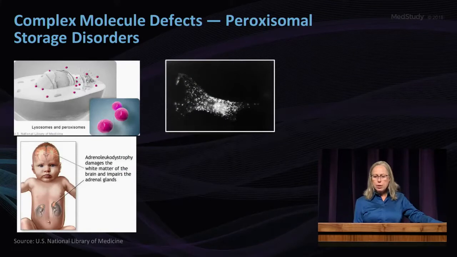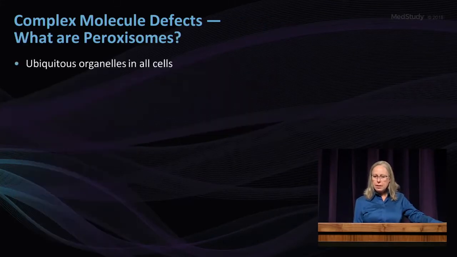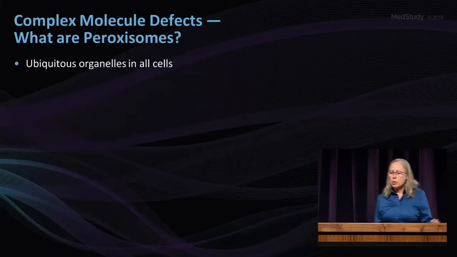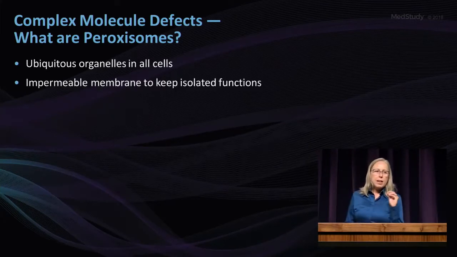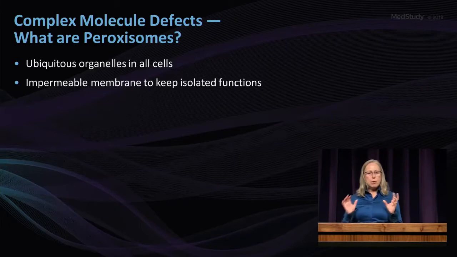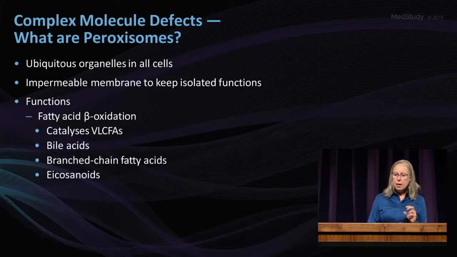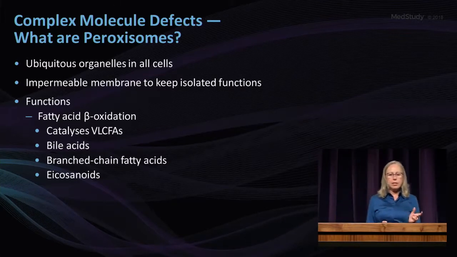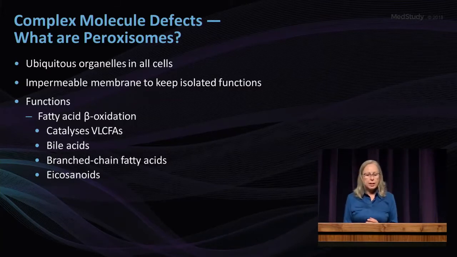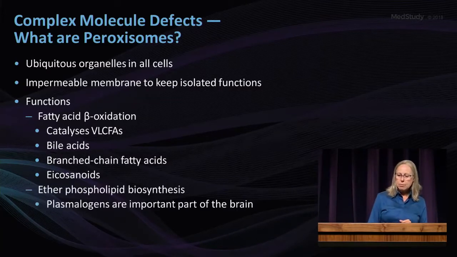All right, on to the peroxisomes. The peroxisomes are another set of organelles in all of our cells. They make an impermeable membrane to keep their functions very isolated because they're going to do some fun things in there. They're going to do fatty acid beta oxidation, so it catalyzes the very long chain fatty acids, your bile acids, your branched chain fatty acids, and your eicosanoids.